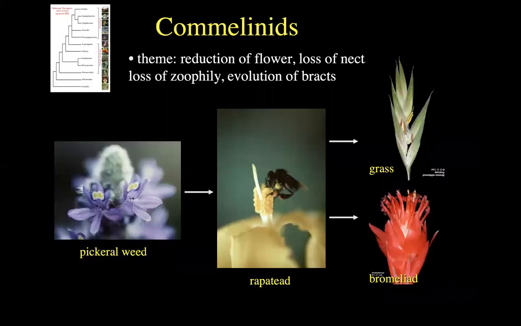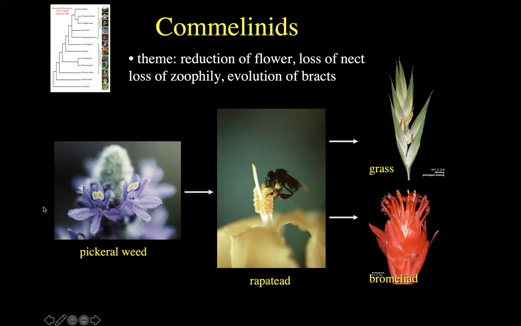Okay, finally then, we move out of the lilioid group, which was here, and do just a quick taste of the commelinids. This is a big clade leading to the grasses and friends.